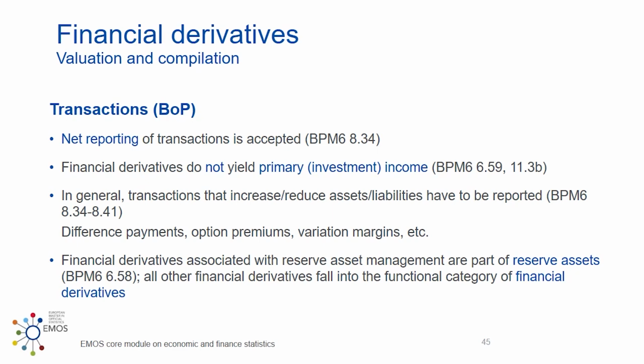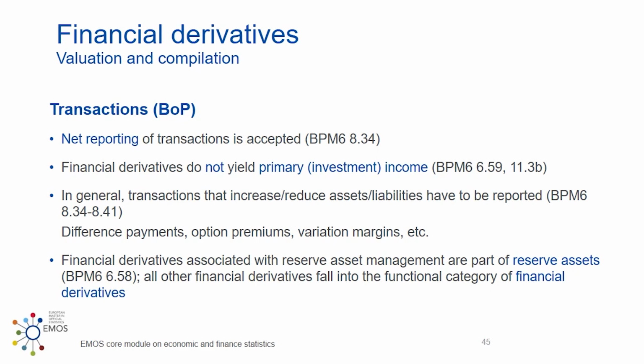So if you have future variation margin, that is basically if on a given day your position ends at the end of the day being positive, so it's an asset for you, and the counterparty pays you this amount, this is settled, this liability of the other side is reduced, and that is something that you have to report as a transaction.